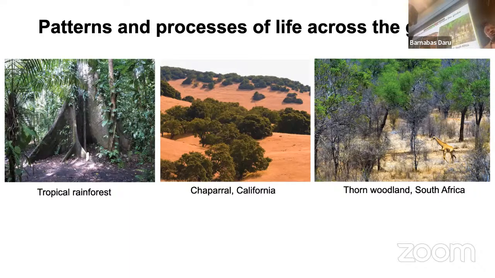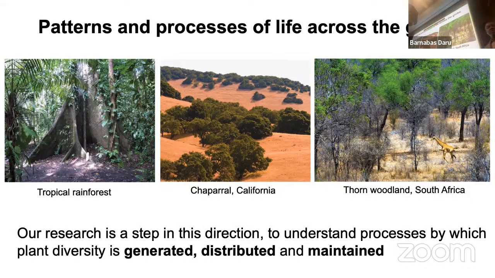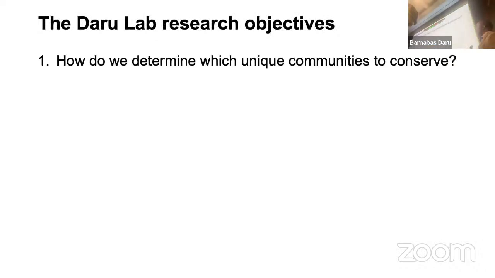And so my research is a step in this direction and seeks to understand the processes by which biodiversity is generated, is distributed, and maintained. And so along these lines, our lab seeks to address three basic kinds of questions. So for the first question, we seek to understand how do we determine which unique communities to conserve.